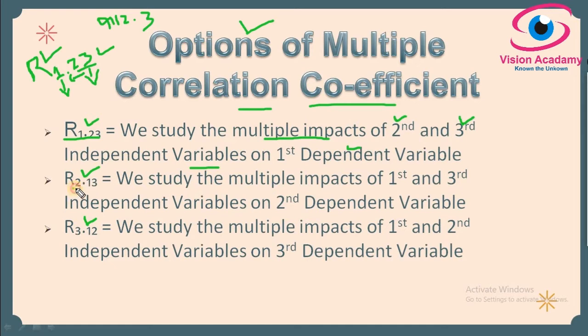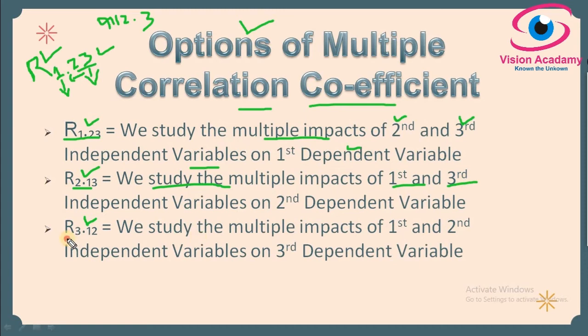Let's go to the second one, R2.13. In case of R2.13, 2 will be the dependent variable and 1 and 3 will be the independent variables. We study the multiple impacts of the first and third independent variables on the second dependent variable.